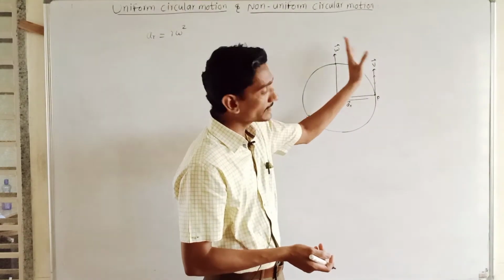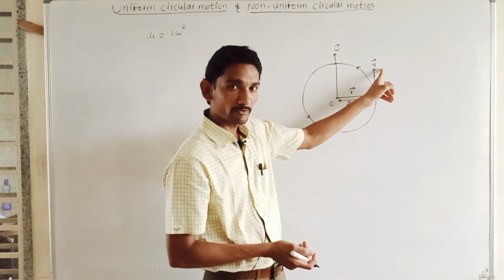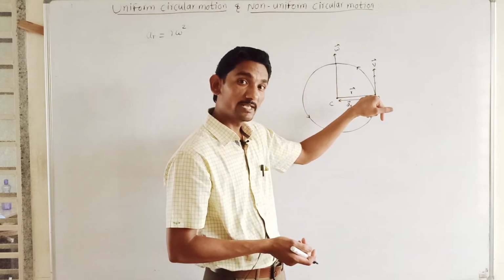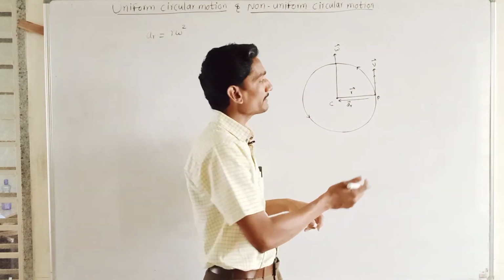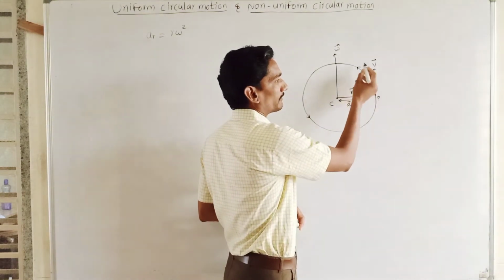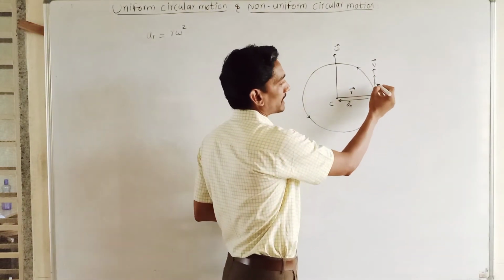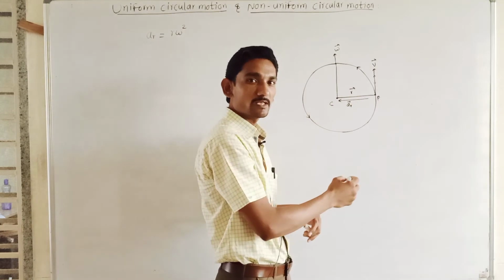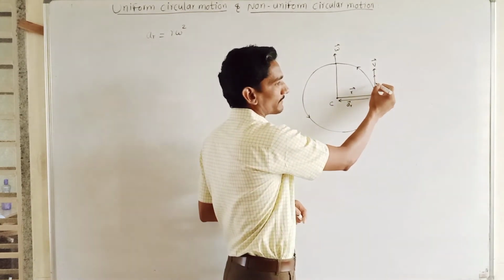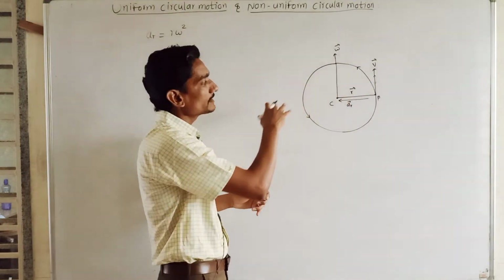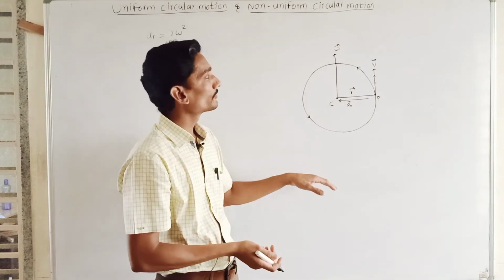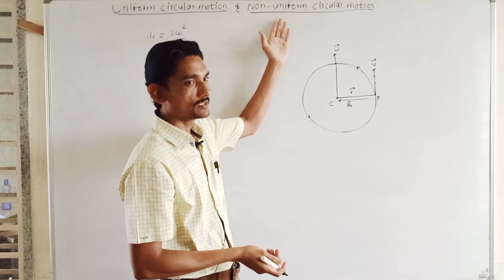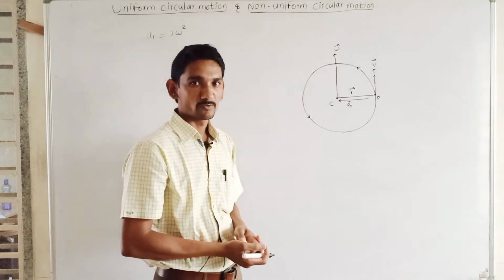When the velocity increases, it is along the direction of velocity, and when the velocity decreases, it is also along the line of velocity, but in the opposite direction. So that acceleration which is along the tangential path, along the direction of velocity, is called the tangential acceleration. So in non-uniform circular motion, the acceleration is tangential. Sometimes it is along the direction of velocity when the velocity increases, and sometimes it is opposite to it. Due to the changing velocity, there is a change in acceleration, and therefore such kind of motion is said to be non-uniform circular motion.